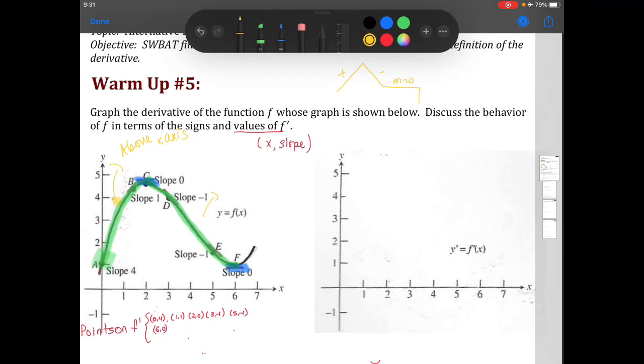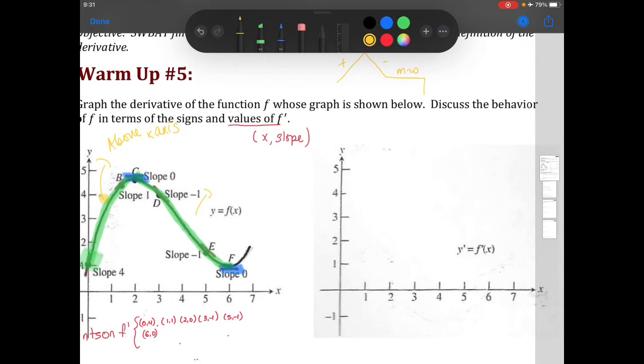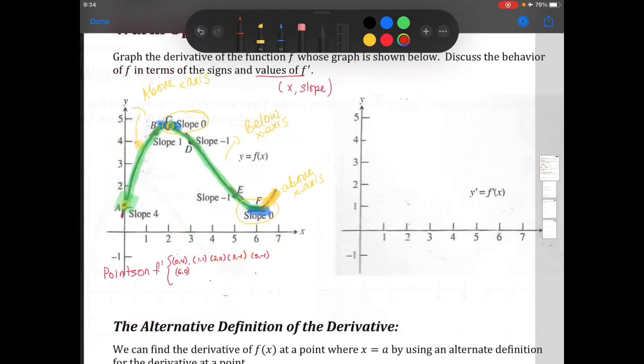So from C to F, all those points will be below the x-axis. And then from F on, slope is positive, increasing, so this would be above the x-axis. So we're just checking for above and below and where slope is 0.